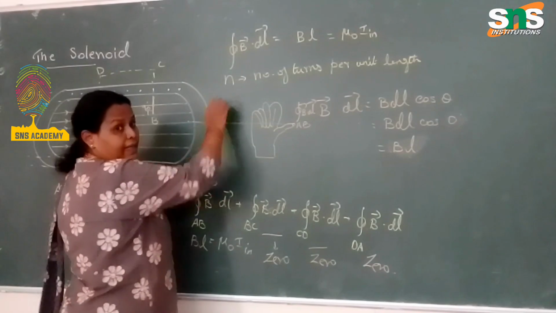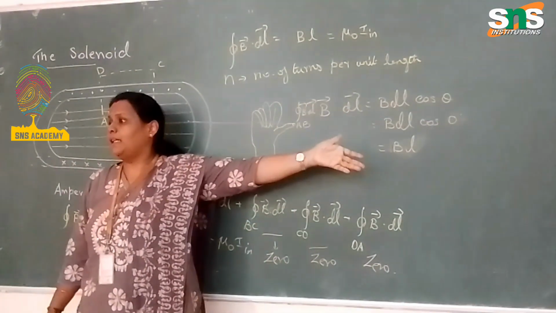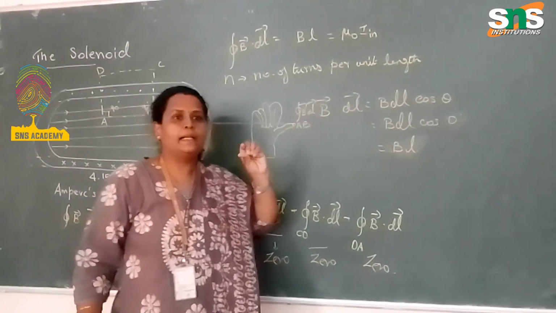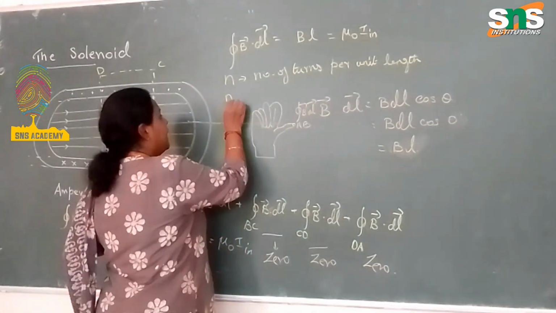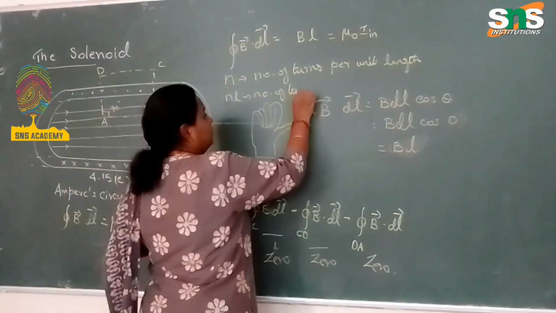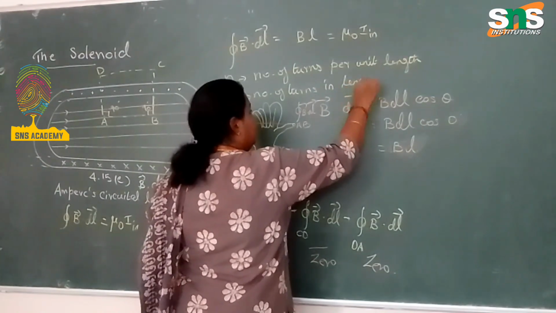Can I write the number of turns in length L is equal to n into L? n is the number of turns per unit length, so nL is the total number of turns in length L.